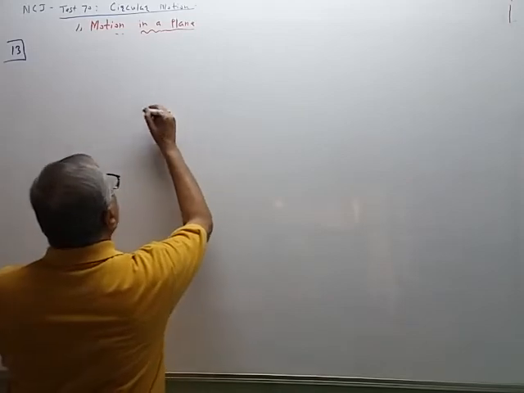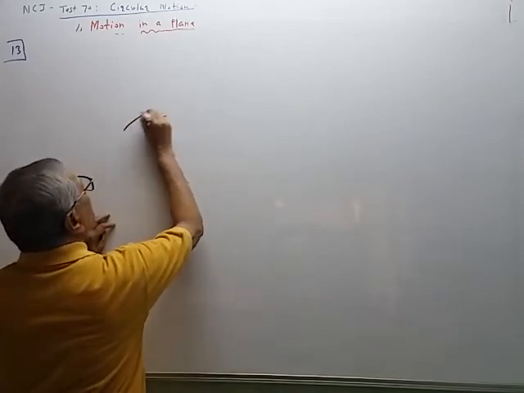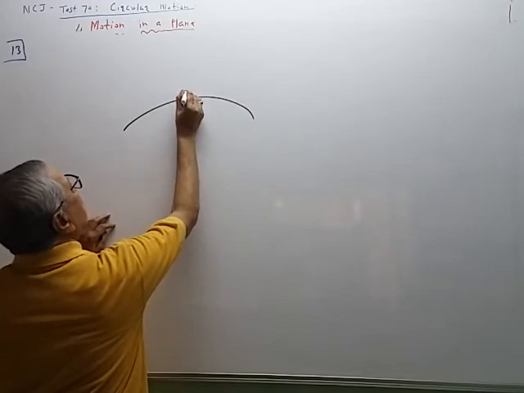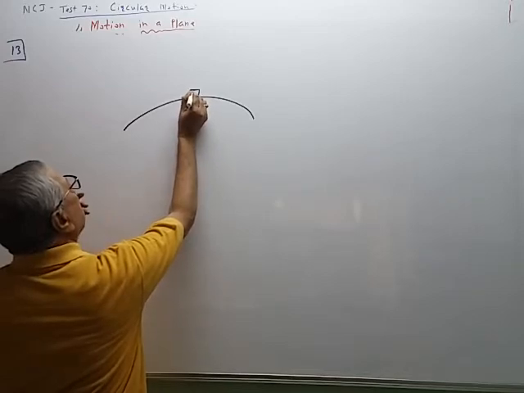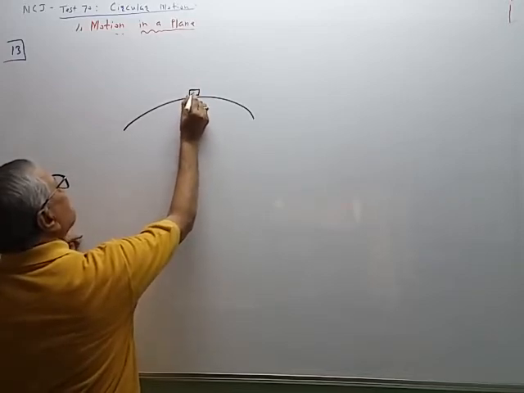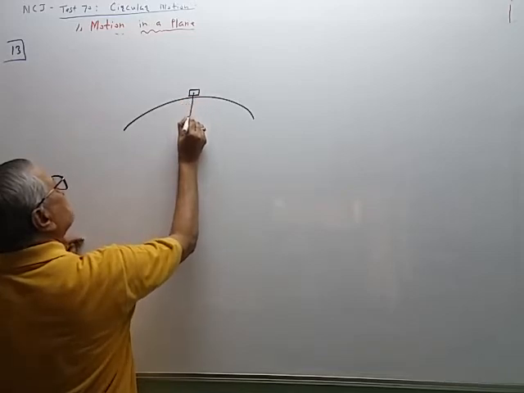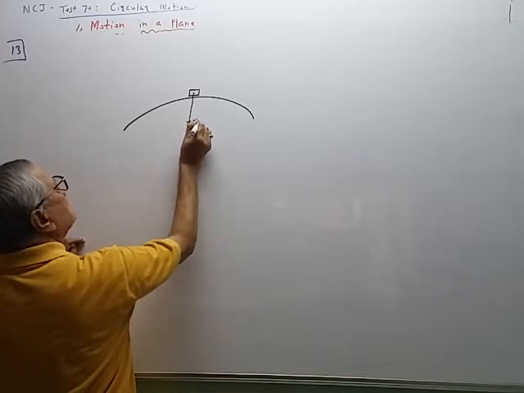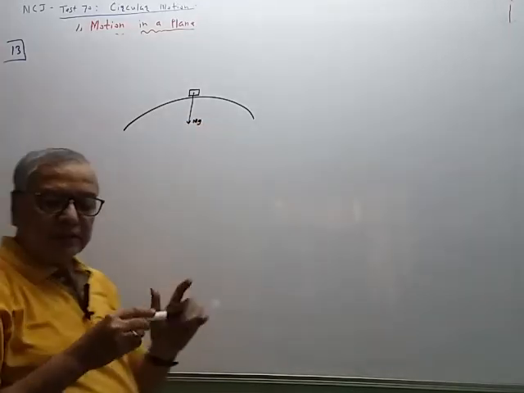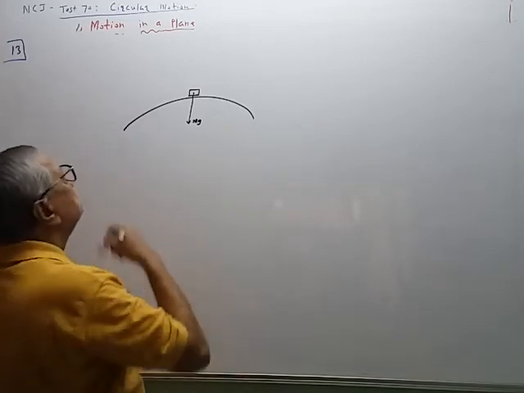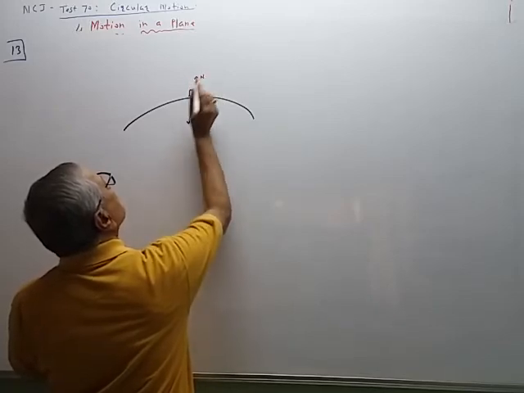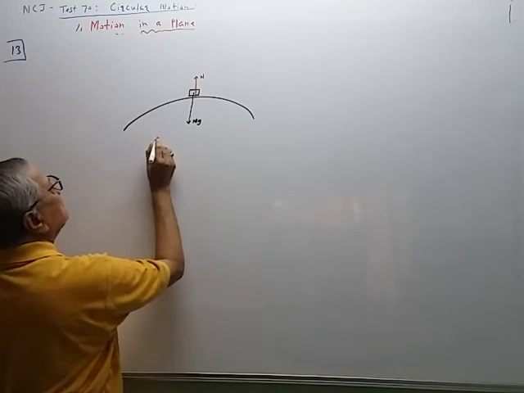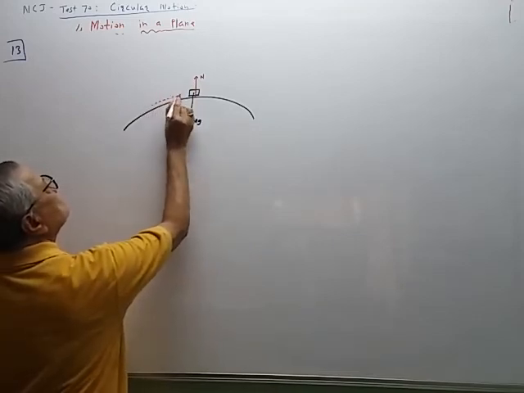So suppose this is a roller coaster and the car is going at the top like this. So this mg is acting in the direction, normal reaction is in the direction, so that this body completes circular motion.